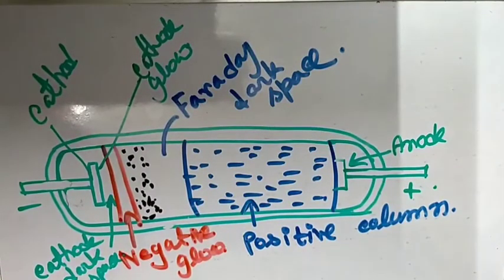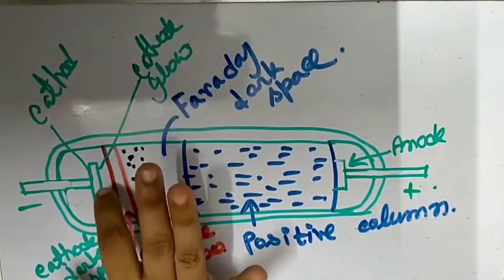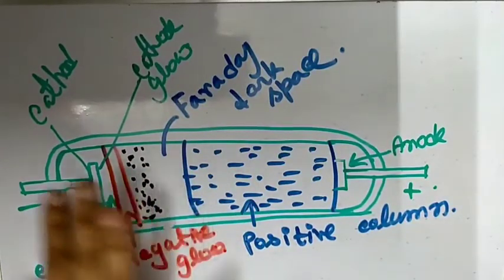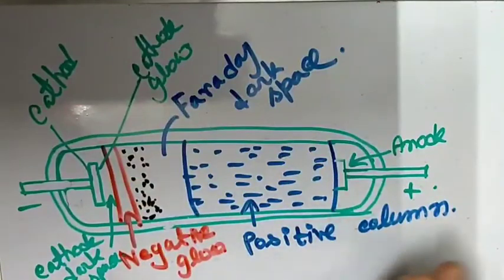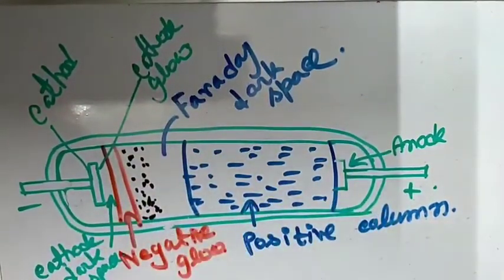Now, a decrease in pressure causes the cathode dark space, I mean this area, to expand until it can be made to fill the whole tube. And an increase in pressure causes the positive column to expand. And in many of the commercial lamps, the positive column fills almost the whole tube.